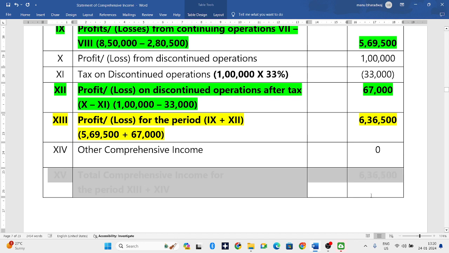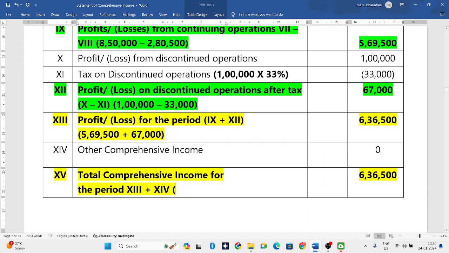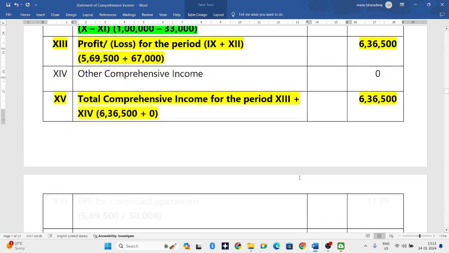Now we will get the total comprehensive income for the period. 6,36,500 plus 0, where 0 is our other comprehensive income, we will get 6,36,500. This is one part of our SOPL.